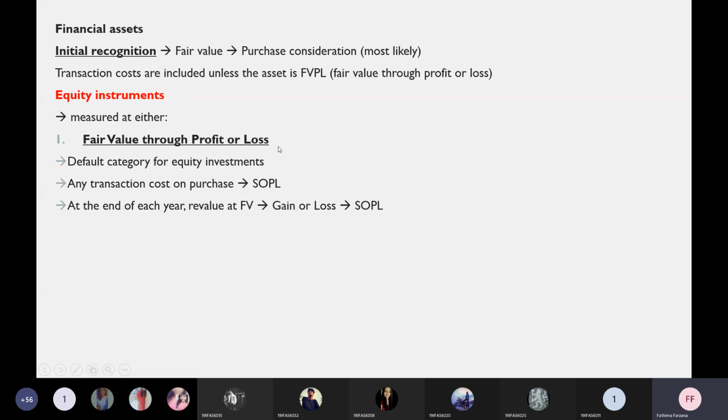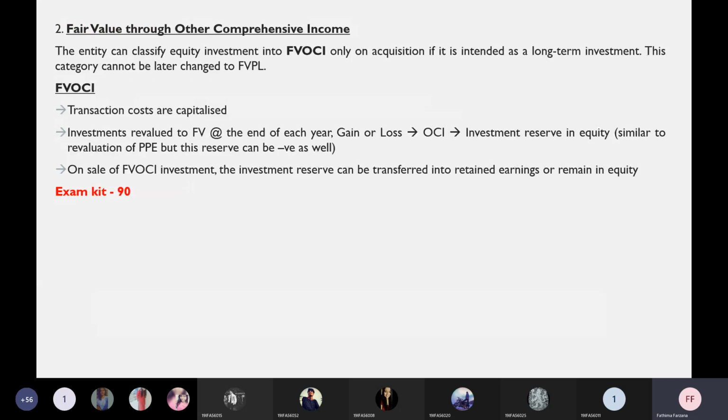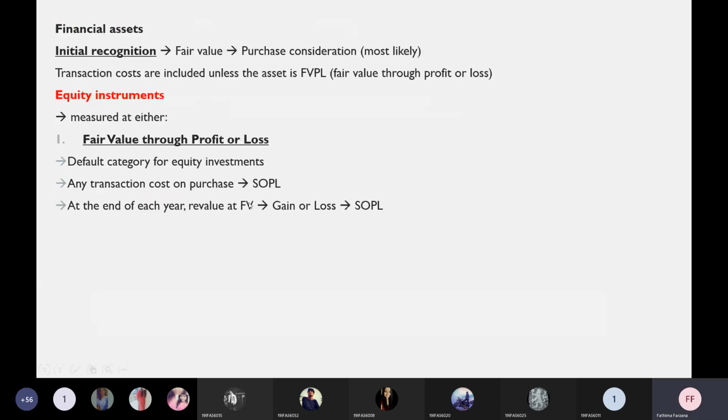Another one is FVOCI. So whichever method you're going, by default, if the problem is completely silent, you are going to measure the equity under FVPL, fair value through profit or loss. What is this FVPL, FVOCI? Very simple. How you're going to present it matters here.